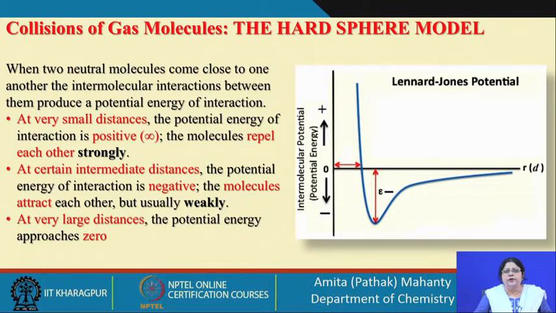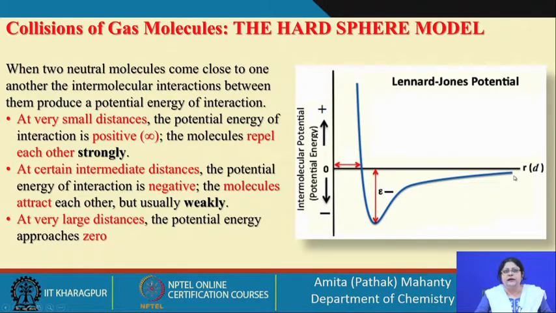Suppose the two molecules are at an intermediate distance from each other. The potential energy of interaction is negative, with a small value, and the negative sign is associated with attraction of the molecules. So, the two molecules have an attraction towards each other, but these are weak attractions. But what happens when the distance is very large?